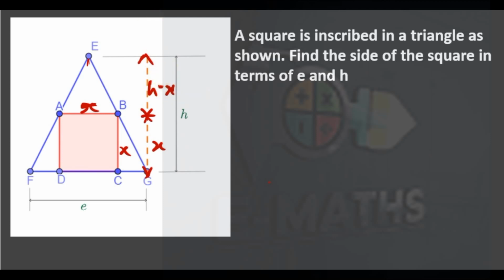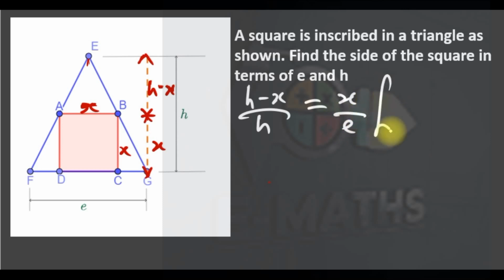So using similar triangle theorem, we have h minus x over h, that's this one over the long one, will be equal to x over E. That's by similar triangle theorem.